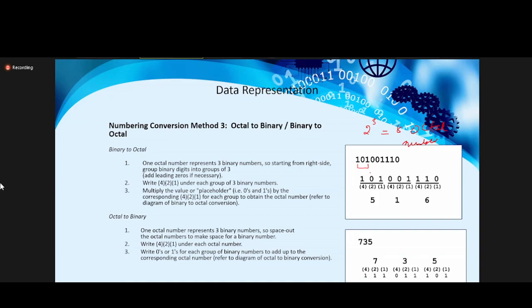So if you have a binary number like this, base 2, and you need to convert it to an octal number, base 8, then you have to reorganize the bits in 3-bit patterns, like I reorganized here.